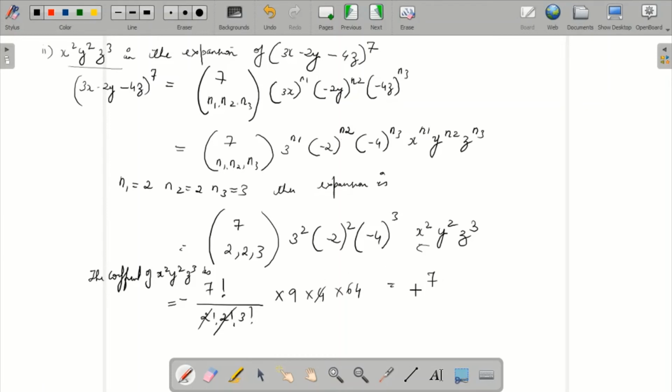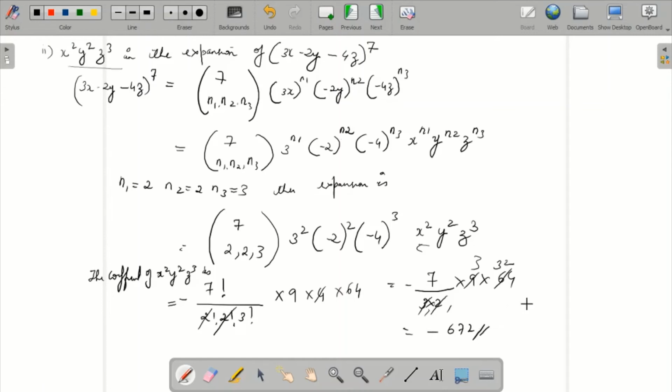Minus 7 by 3 into 2 into 9 into 64. So you know 2 ones are 2, 3s are, and 3 ones are. So it would be minus 7 into 3 into 32. So you'll get the answer as minus 672.